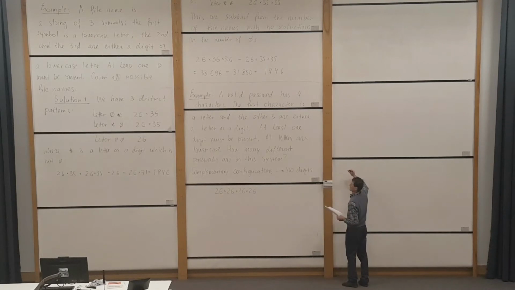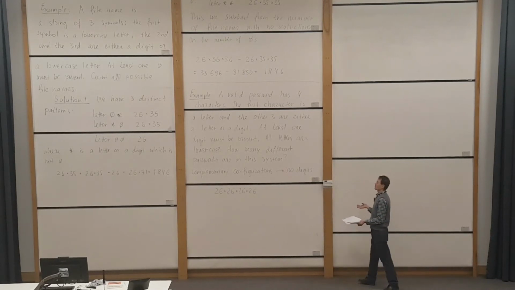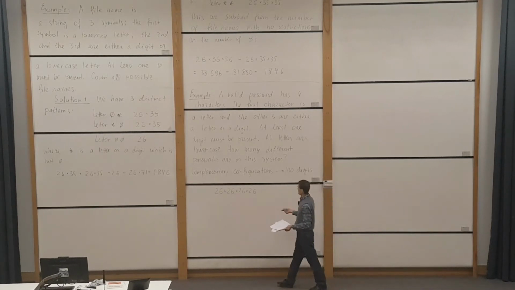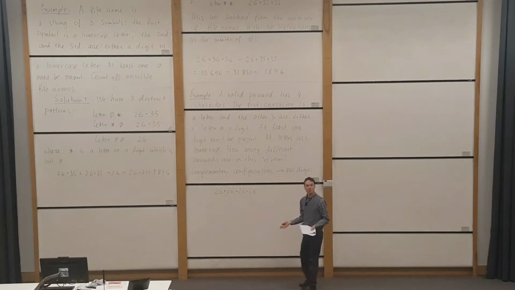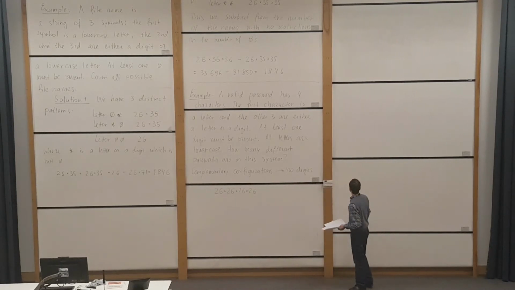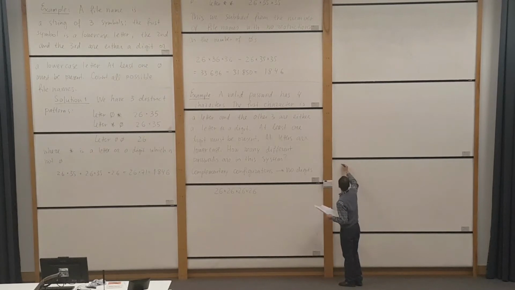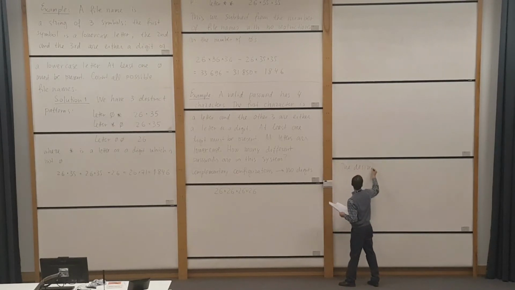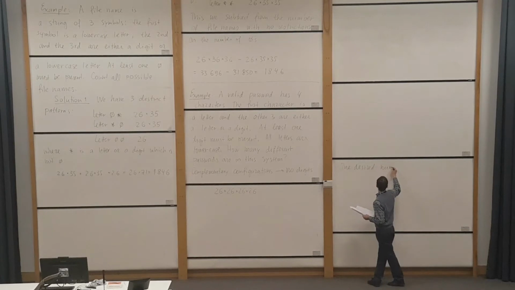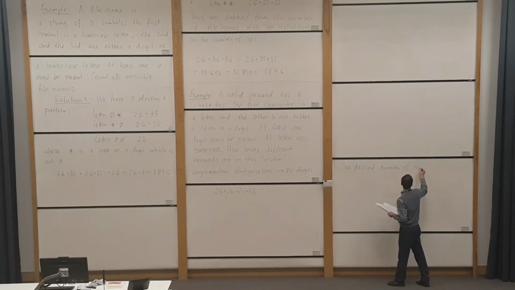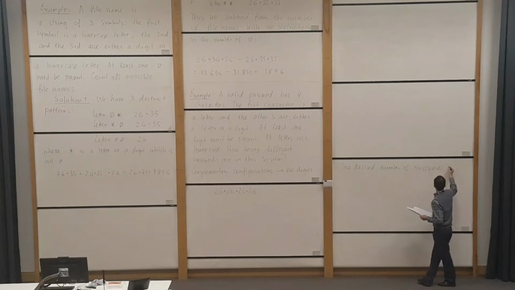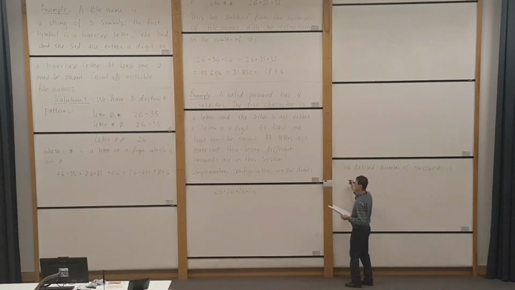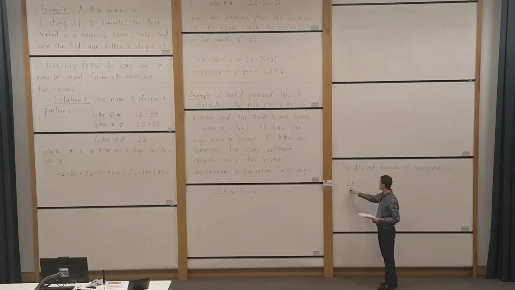And this should be subtracted from all the valid passwords with no restrictions on the number of digits which can appear. So the desired number of passwords is then, if I don't have any restrictions on the digits, the first symbol must be a letter, so I have 26 choices.